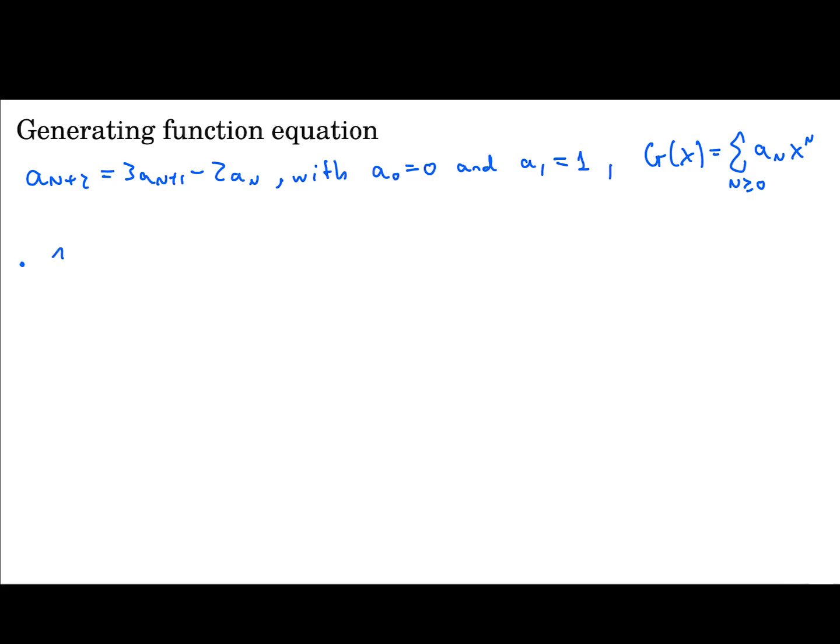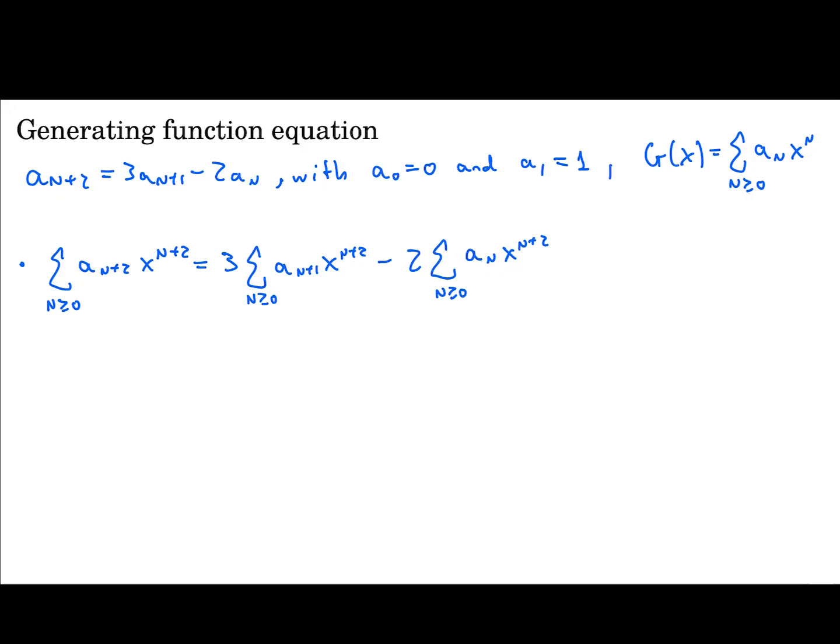We'll get the summation of a_{n+2} x^{n+2}, from n larger or equal to 0, equal to 3 times the summation from n equal to 0 of a_{n+1} x^{n+2}, minus 2 times the summation n larger or equal than 0 of a_n x^{n+2}.